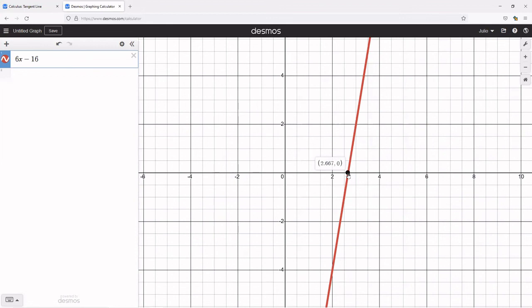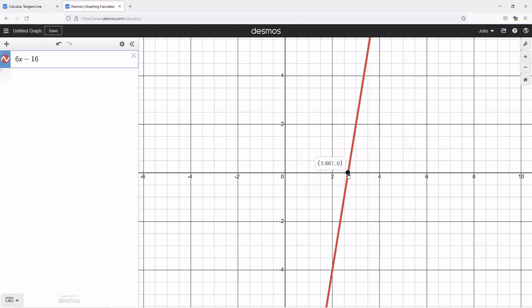So everything after that point, the acceleration is positive, and everything before that point, the acceleration is negative. It's exactly how you think it is. Everything after 2.66, the particle is accelerating. Everything before 2.66, the particle is decelerating.